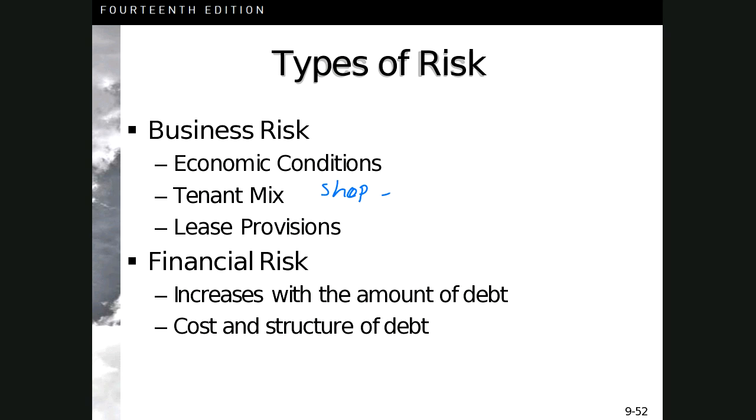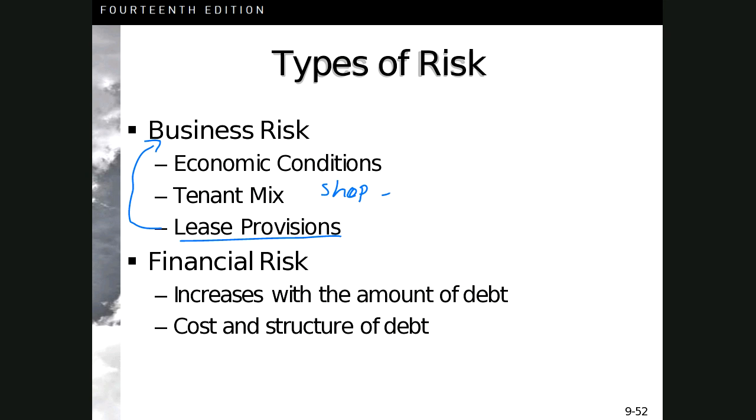Lease provisions also sometimes come back to the business risk. If there's any capital expenditure, are you able to get it back? How much of a term will you be signing? Is it long term or shorter term? It will affect the business risk.